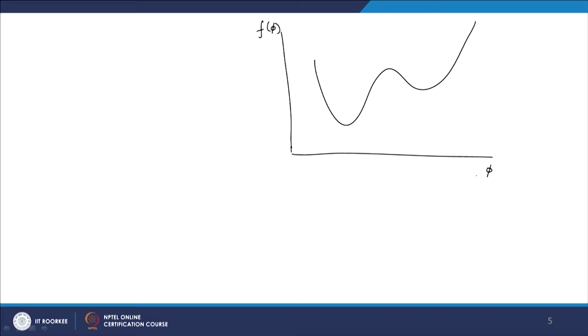There is a particular reason why we have drawn in this way that will be clear to you in a moment, and we want to know that what should be the concentration of the two phases in the case of phase separation. So, the first thing is that whether we will have a phase separation here or not.